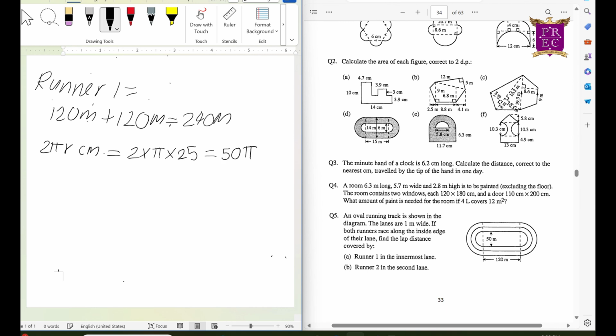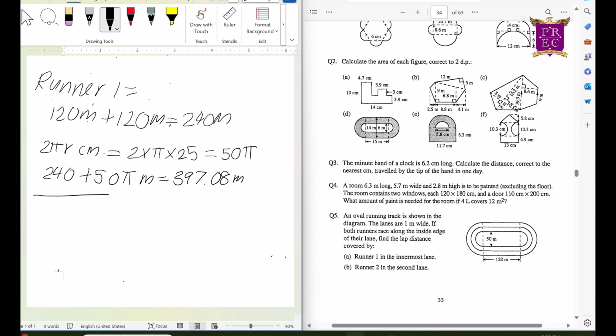So the distance that runner 1 ran will be 240 plus 50 pi meters, which gives approximately 397.08 meters. Okay, that's the answer.